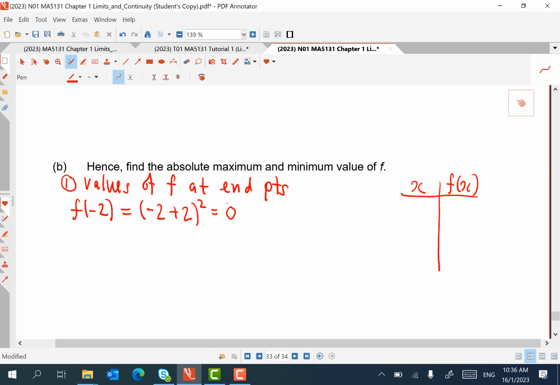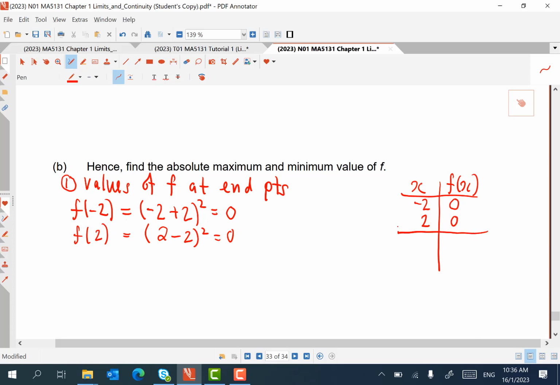Then you want to find the other endpoint. The endpoint is (2 - 2) squared equals 0. So now you're settled with the endpoints.